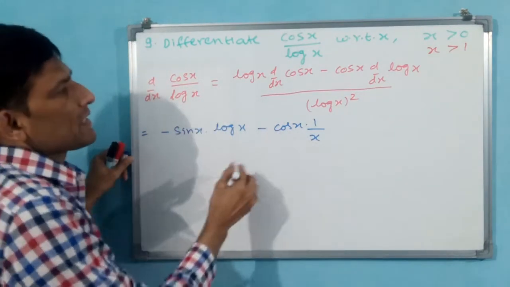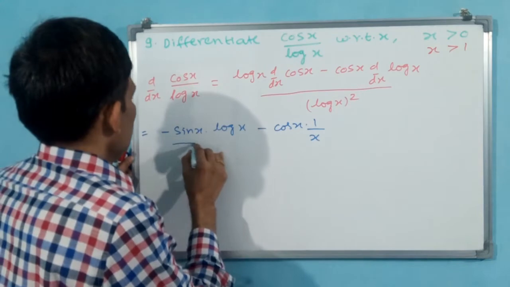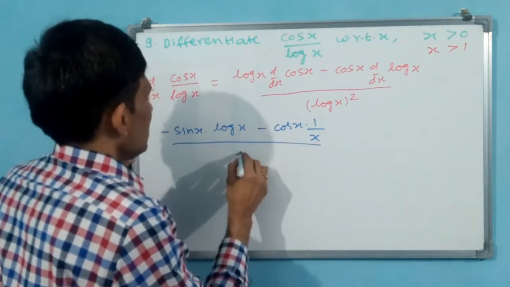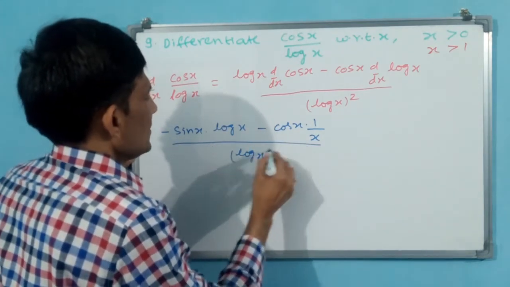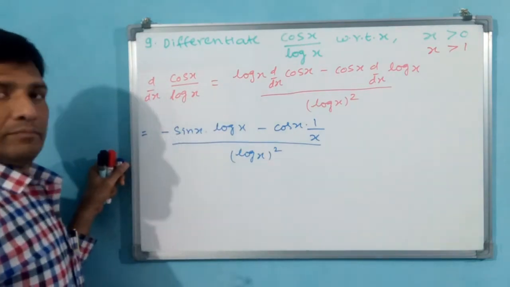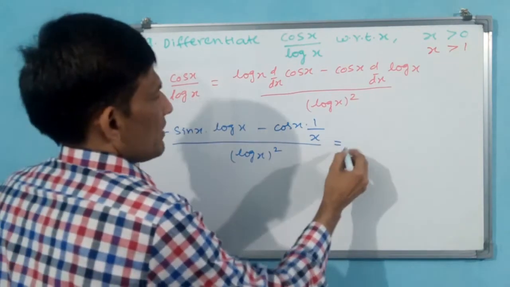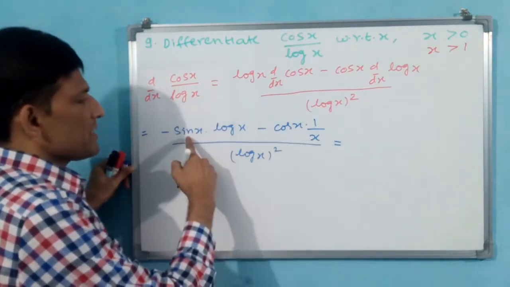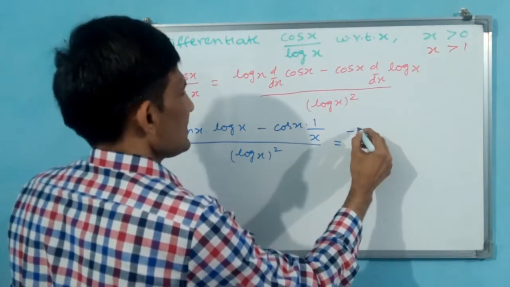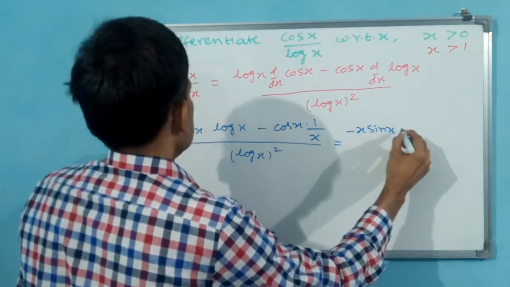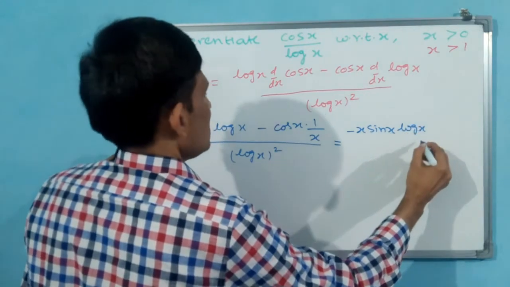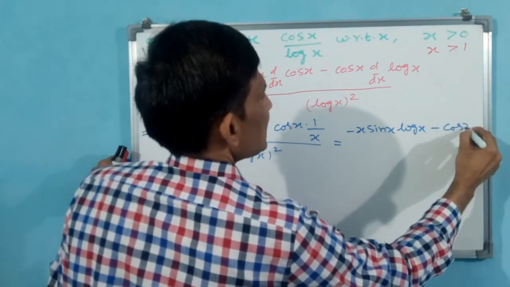That means cos x by x, right? Divided by log x whole square. See, cos x by x, you cross multiply: minus x sin x log x minus cos x.